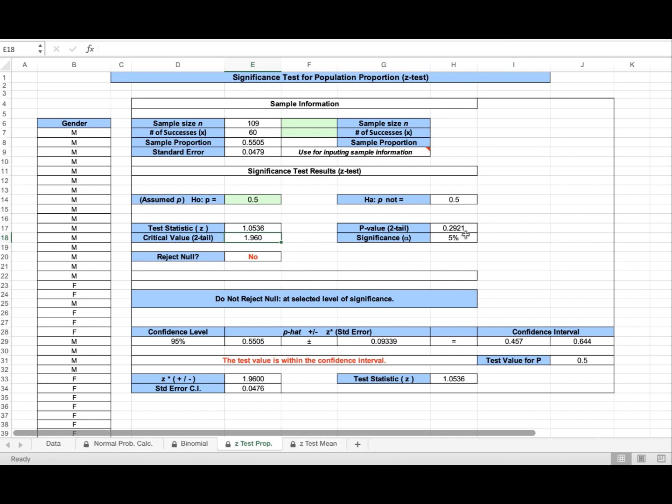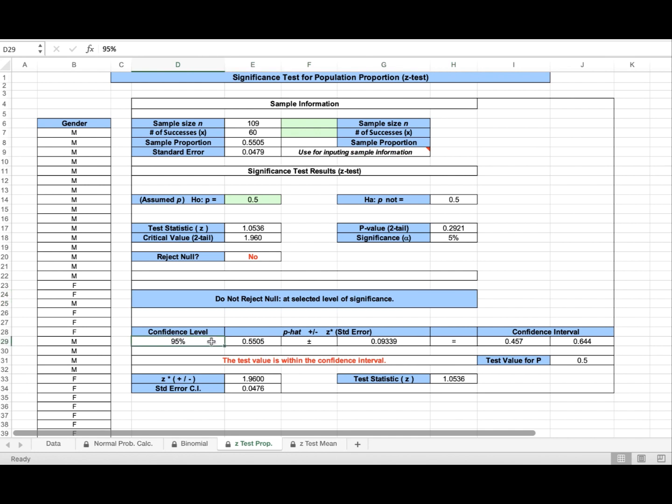As we would expect, in this case, our p-value is well greater than the required 5% alpha. Remember, we only reject the null when the p-value is less than alpha or our test statistic is beyond 1.96. Our spreadsheet tells us no, do not reject the null hypothesis at this level of significance.